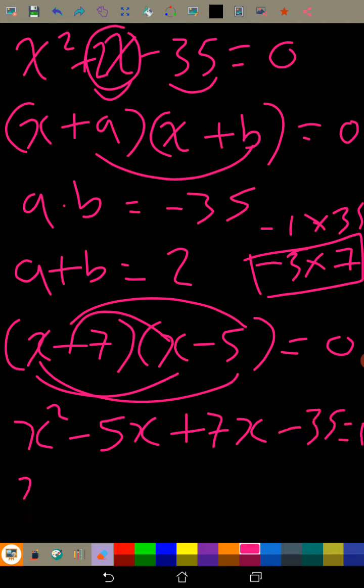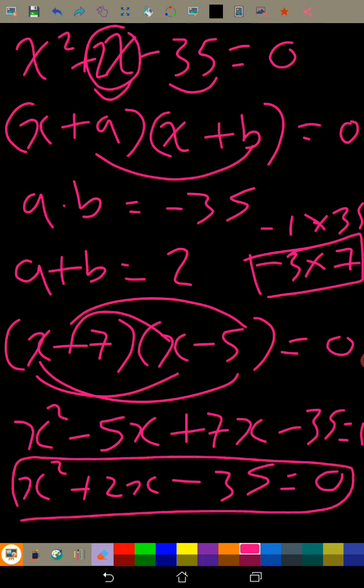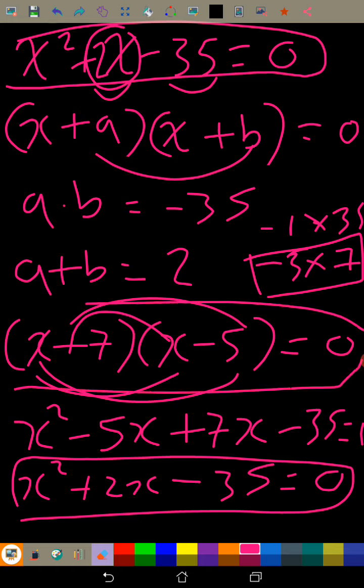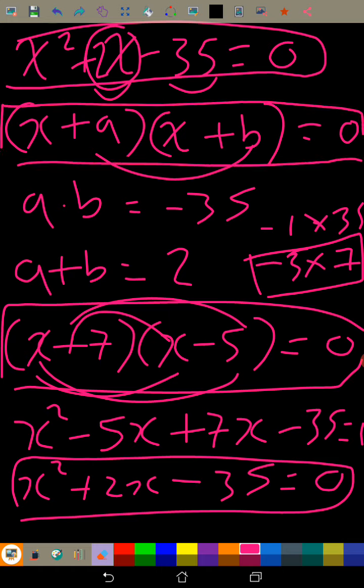So if I solve this, I get x squared plus 2x minus 35 is equal to 0. So this is the same equation that was given to me, which means that this is good. I managed to put it in this factorized form, and so now we can solve the problem.